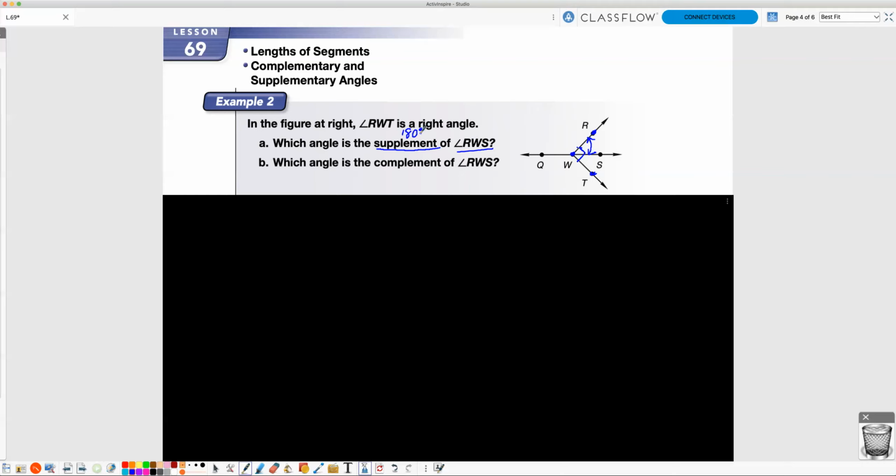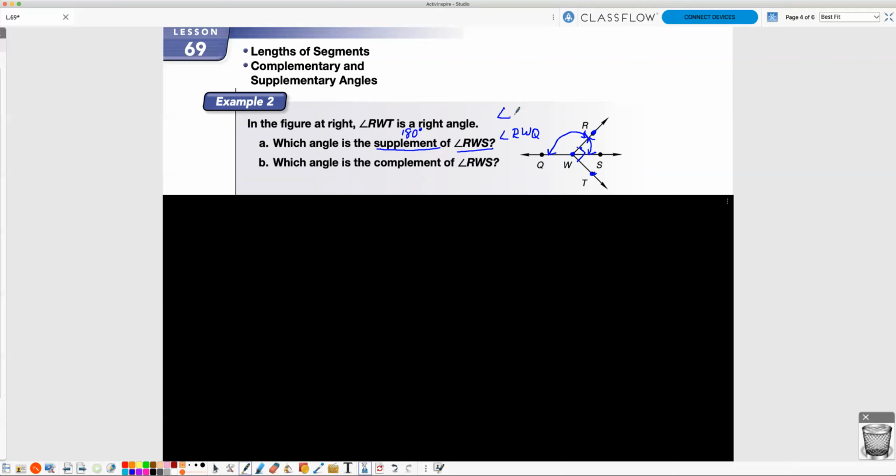A straight line is what 180 degrees is. So hopefully you can clearly see that from here to here, this R to W to Q, angle RWQ would be the supplement to RWS.